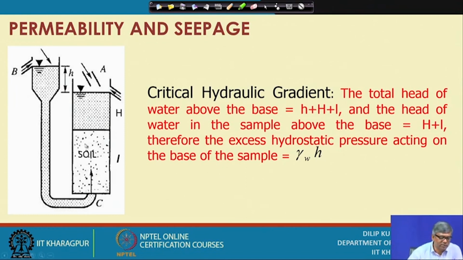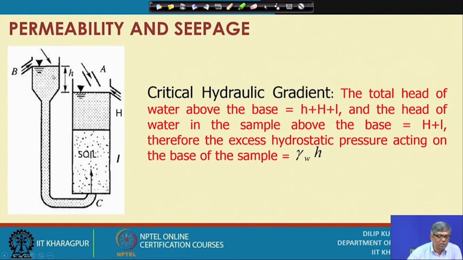So, this is the soil sample, connected to this tank, and water is here. At this level there is an opening, and water can be collected from here. If the water level is here and it is connected, then this water will try to flow through the soil in the upward direction, and since this is the maximum level the water can retain, the rest of the water will go out.